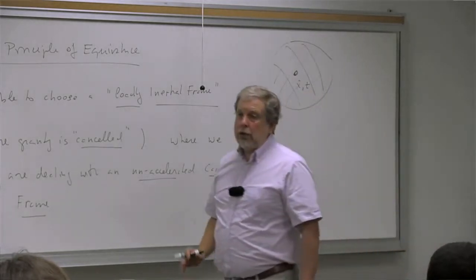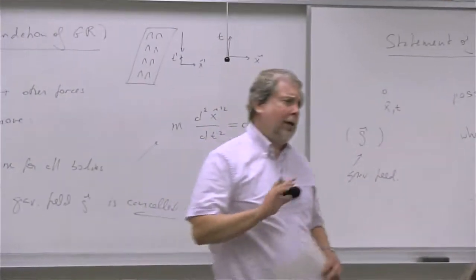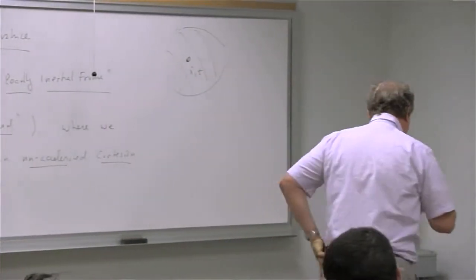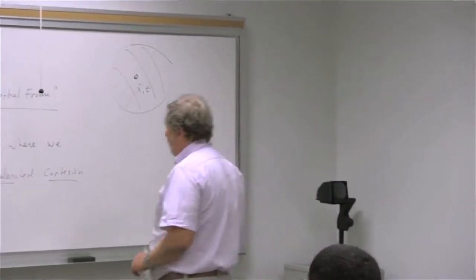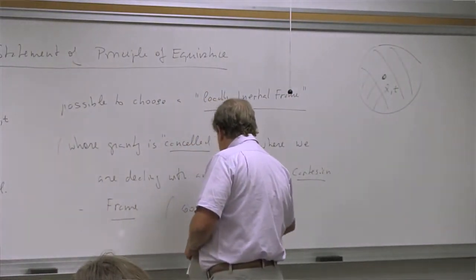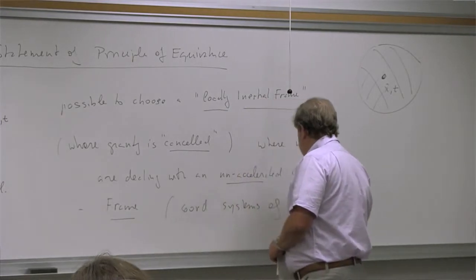Cartesian means that it follows the laws of special relativity, essentially. It is written in terms of an orthogonal coordinate system. So these are the coordinate systems of special relativity.